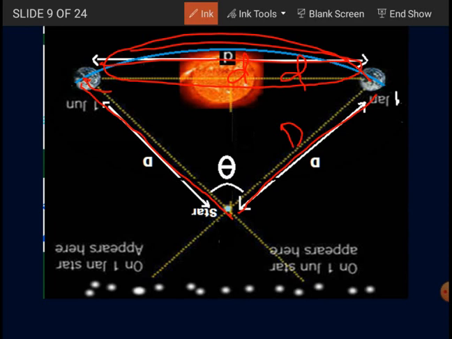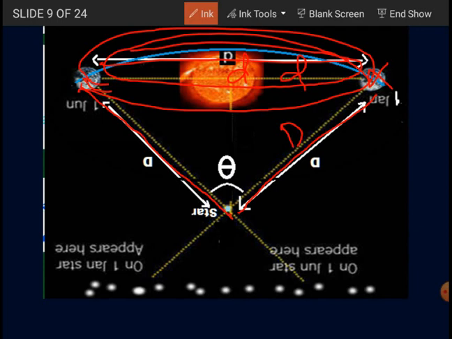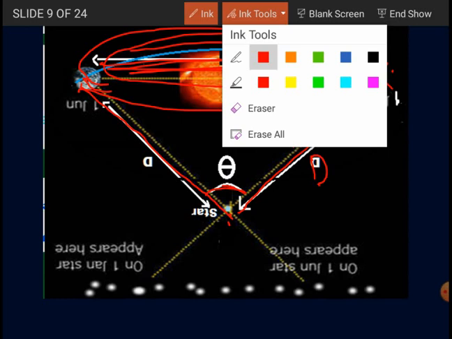You have to assume that this is no more your Earth, rather a huge planet. It may not be seen like this as huge, but I am drawing it in a very magnified way. So by knowing theta and the distance between the Earth and the planet, you can easily find the diameter of that planet, which gives you the size of the planet.